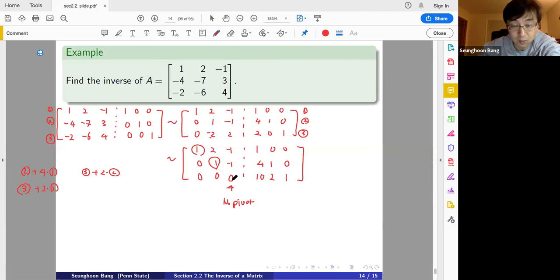So with no pivot, we cannot change it to the matrix I. It is impossible to change it to the I and inverse form. So what does it mean? The inverse matrix does not exist. This is the idea for solving this problem.